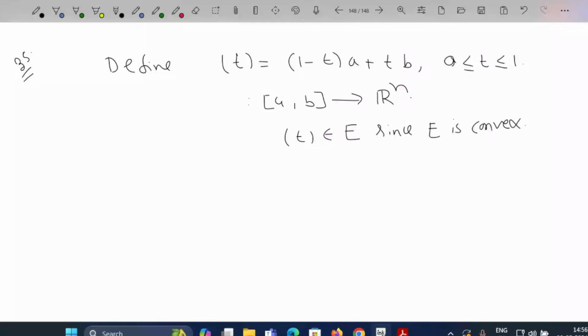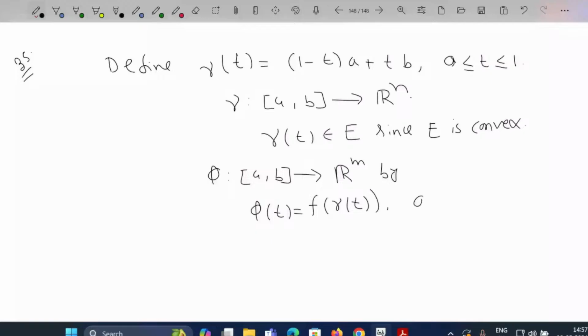I write this as gamma of t, gamma from 0,1 to Rn, defined by gamma of t as (1 minus t)a plus t b. Then define phi from 0,1 to Rm by phi of t as f of gamma of t. This is in 0, 1. Correct?